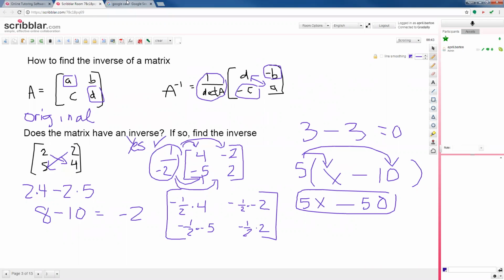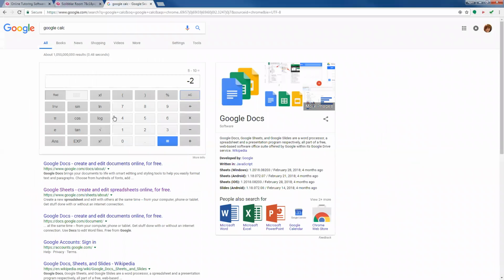But this is where our calculator can come into play again. So when you're working with your calculator, you can actually do fractions for your calculator. To do the fractions, we just use the divide button. If we do -1 divided by 2, that's the same thing as the fraction -1/2. So -1/2 times 4 is -2.